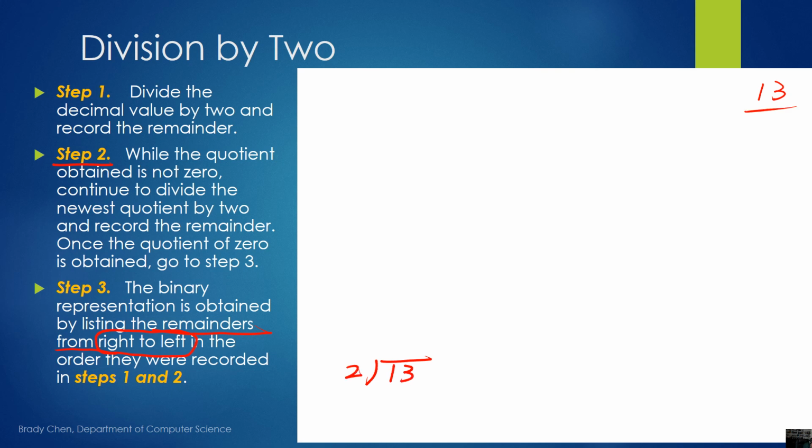What is the quotient? 6 or 7? 7 is too big, so we put a 6. 2 times 6 is 12, and the remainder is 1. So we record that remainder.